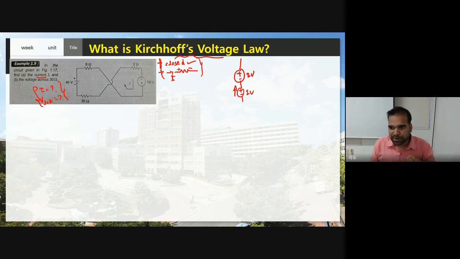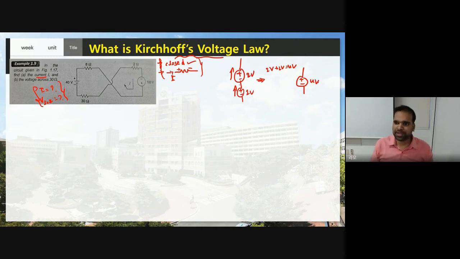Current comes from plus to minus like this. Current is going this way, and here also current is going this way. These two voltage sources are connected in series, and they have the same direction. So I can write 2 plus 2, what? 4 volts. So I can replace them with a single voltage source with the value of 4 volts.